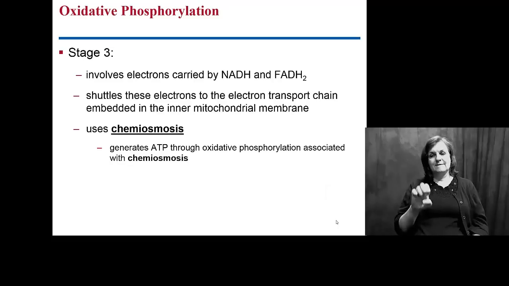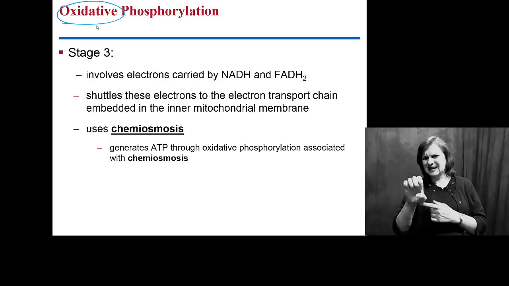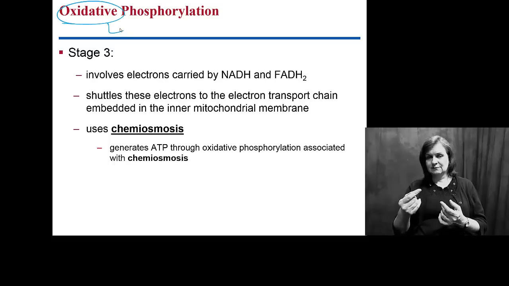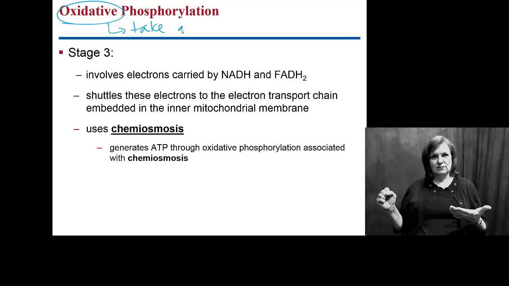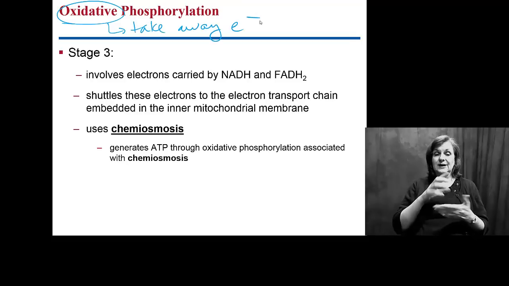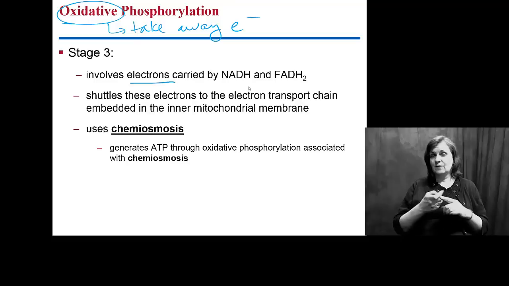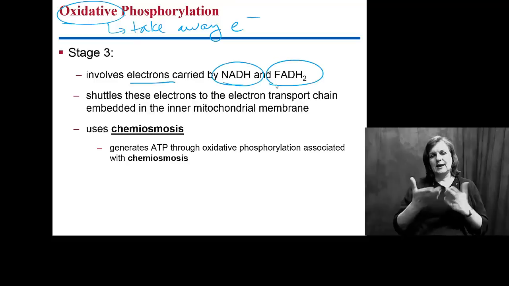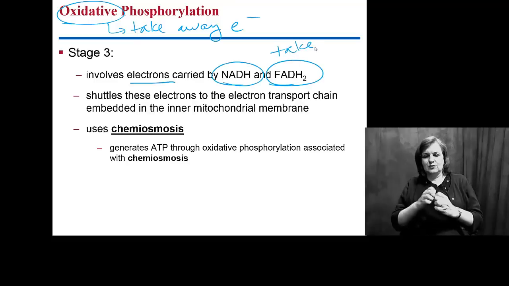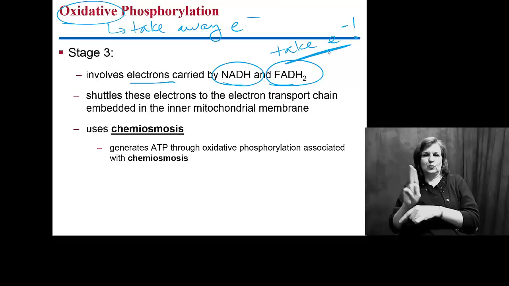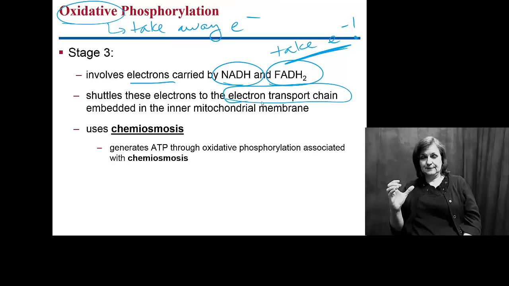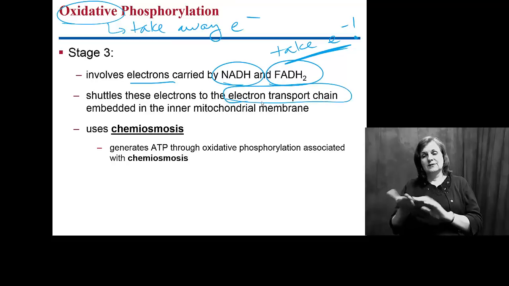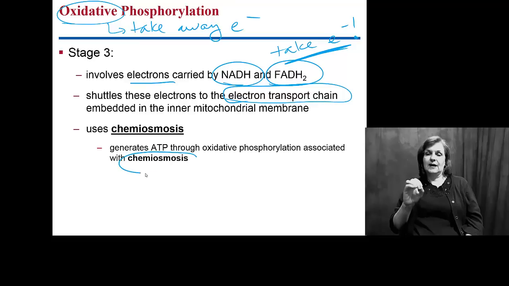The last step is known as oxidative phosphorylation. So what does it mean to oxidate something? Take away electrons. So you're going to take away electrons that were carried by the electron carriers. You're going to take their electrons now, and you're going to use them in the electron transport chain and power something known as chemiosmosis.